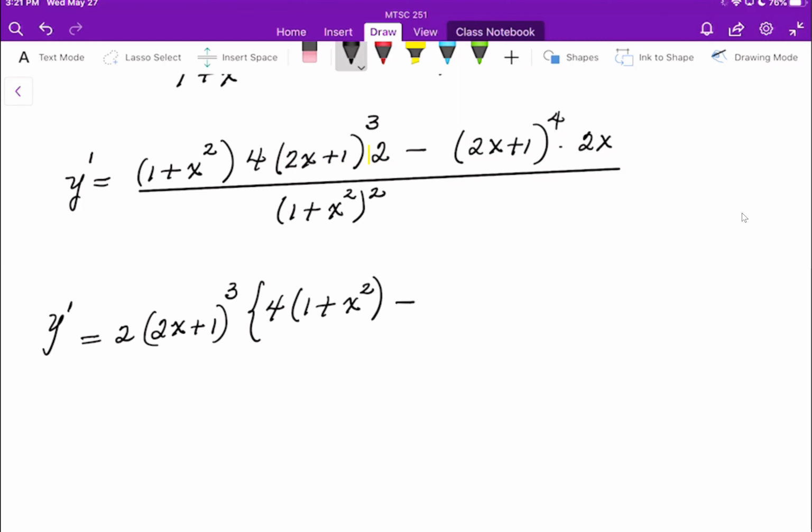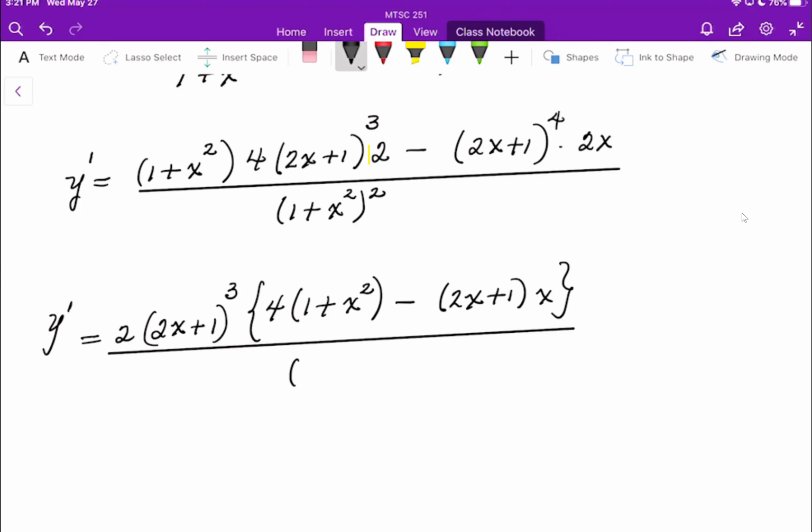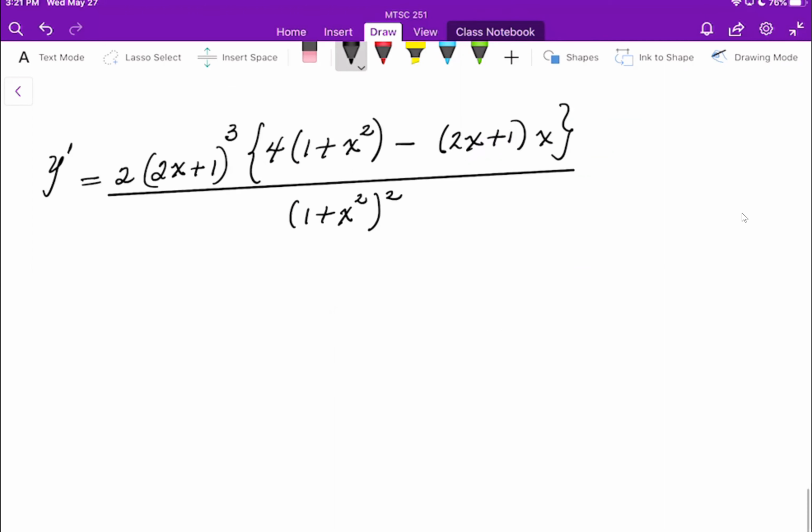And in the second part, I took out (2x + 1) cubed, so I still have 1. And I took out the 2, so it still leaves an x. Okay, we're still simplifying.